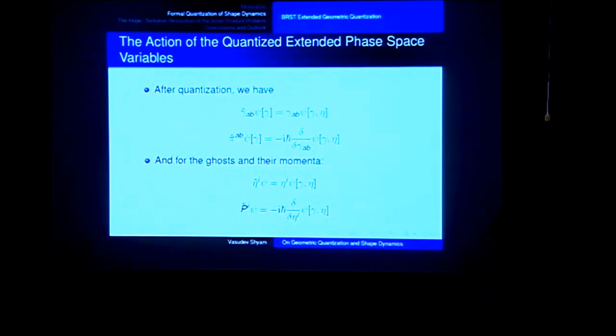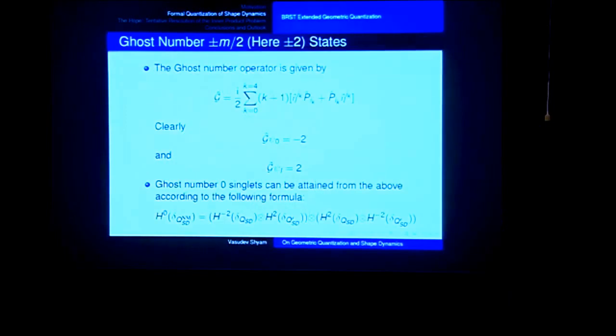Now the action of the metric is by multiplication, and the momenta is by functional differentiation, and similarly with the ghosts and their momenta. And if you notice, this is like a Clifford algebra with 4 generators. So the ghost number operator, which I choose, is going to be given by this.